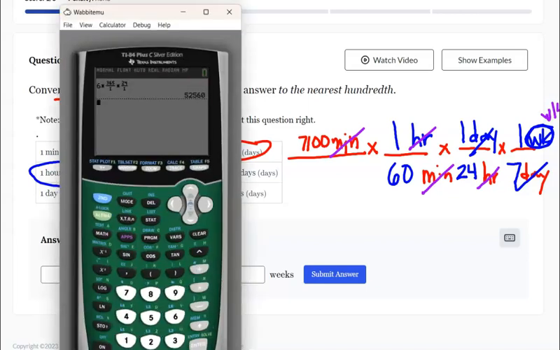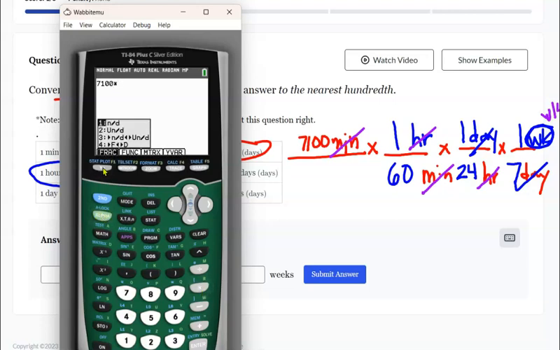So we're going to now pause. We're going to pick up our calculator, and we're going to type all of these fractions. So I've got 7,100 times this fraction, which is 1 over 60. Then I'm going to times again by this fraction, which is 1 over 24. Then I'm going to times again by this last fraction.